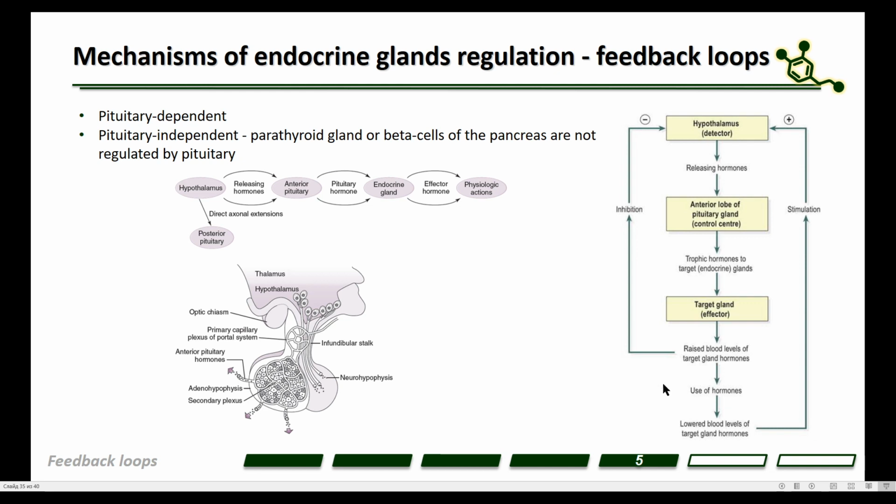If hormone levels are too high, then inhibitory feedback will be sent to suppress production of releasing hormones and tropic hormones, again to normalize the level of the hormone in the blood.